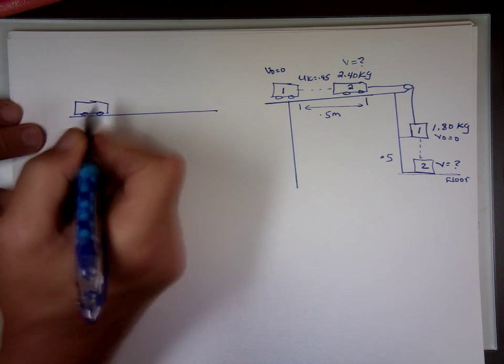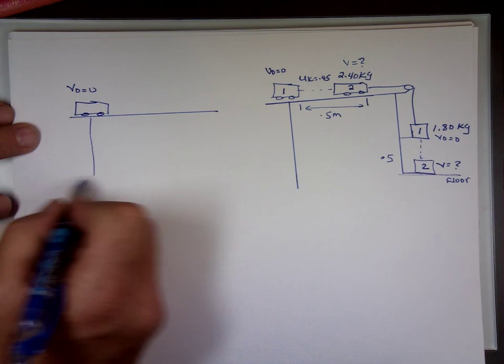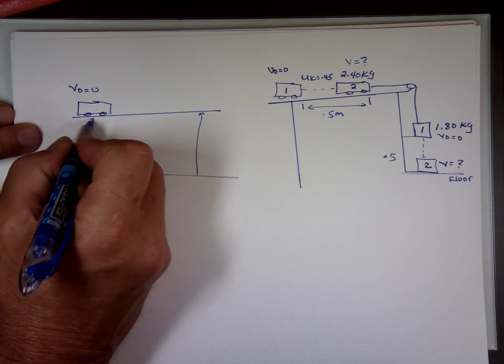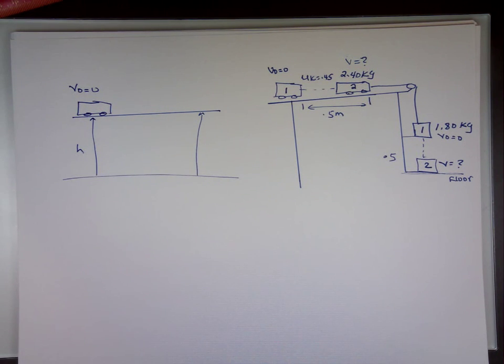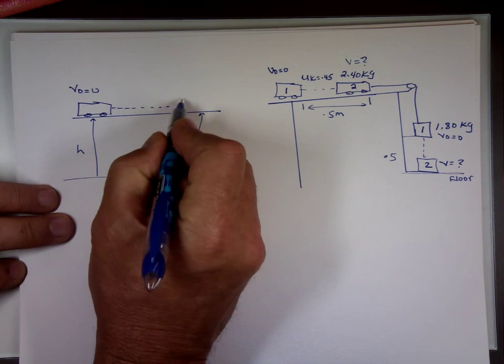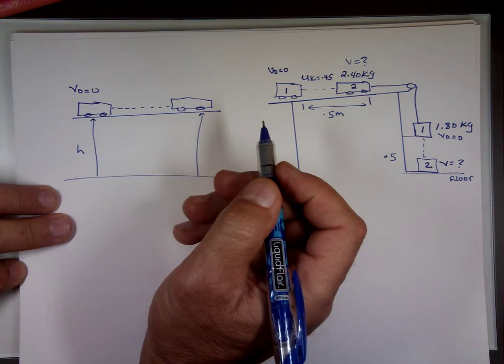It was sitting on a table. The table has a height, but they never mentioned the height of the table. It doesn't really matter in this case. This moved 0.5 meters, and this is 1, this is 2. It now has a velocity, but we're not sure what that velocity is.